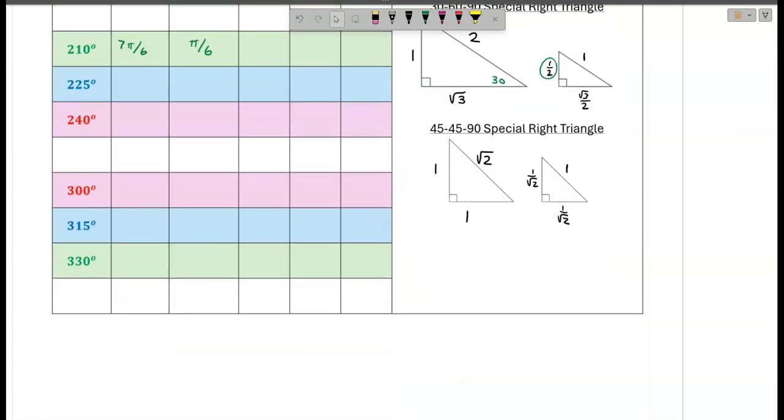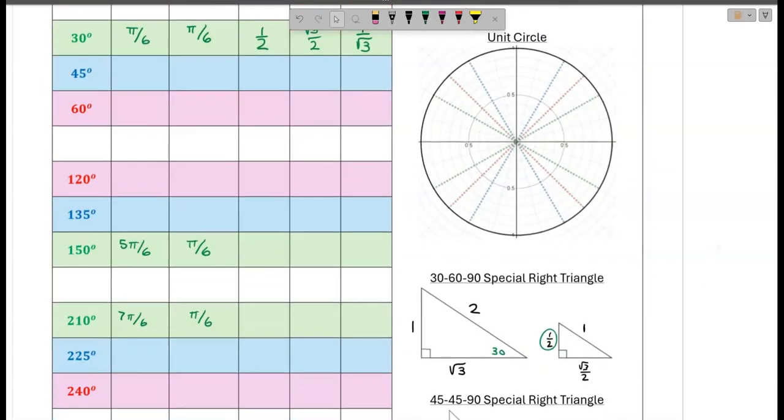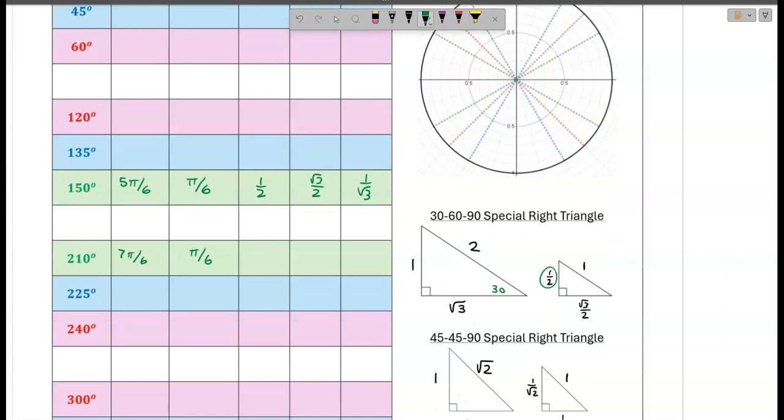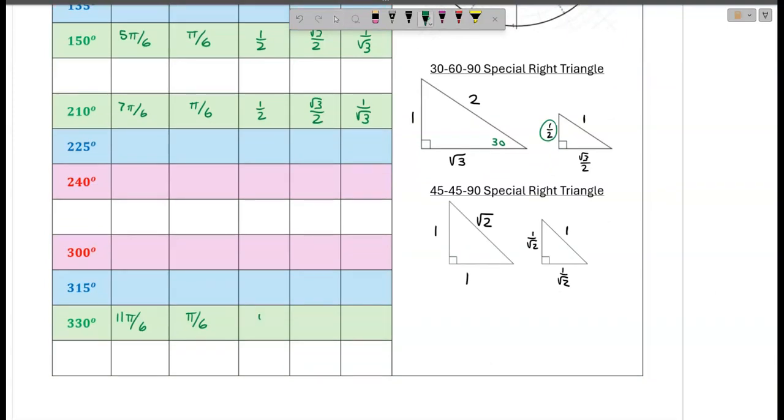And finally, 330 degrees, which is 11 pi over 6, which also has a reference of pi over 6. So what happens is in all of those other places, we're going to end up with 1/2, root 3 over 2, 1 over root 3. And we're just going to copy these down because they're going to have the exact same ratios, just like I showed you with sine of 42, sine of 222, and those other two angles.